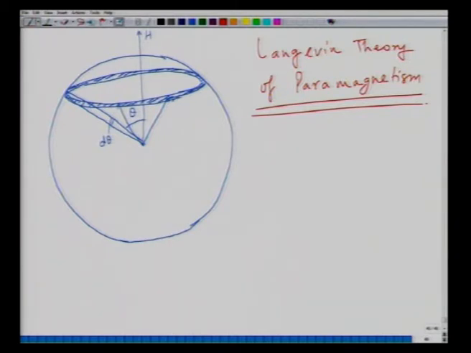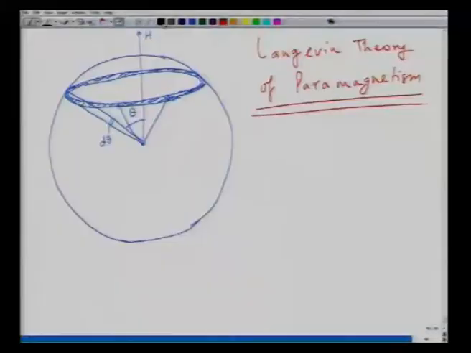So what you have is a whole array of these magnetic moments aligned at various angles with respect to H, and these magnetic moments, as I said, make a conical structure around this magnetic field. So using classical mechanics, we will derive an expression for the susceptibility of these materials.